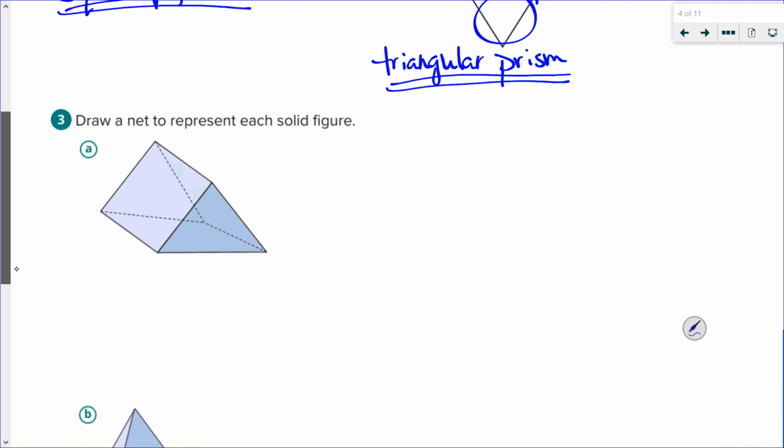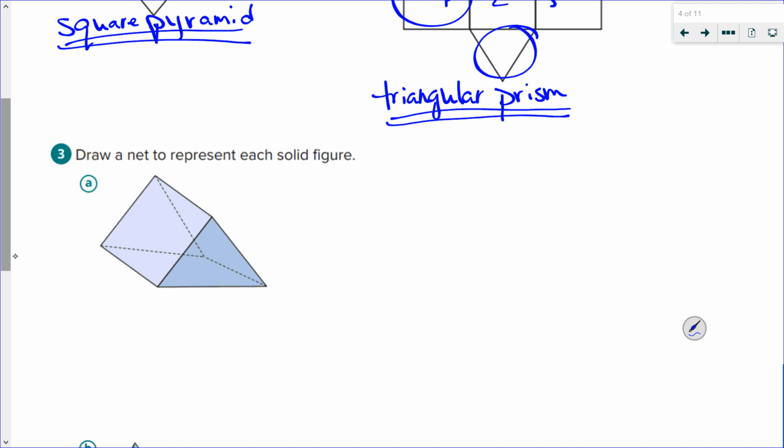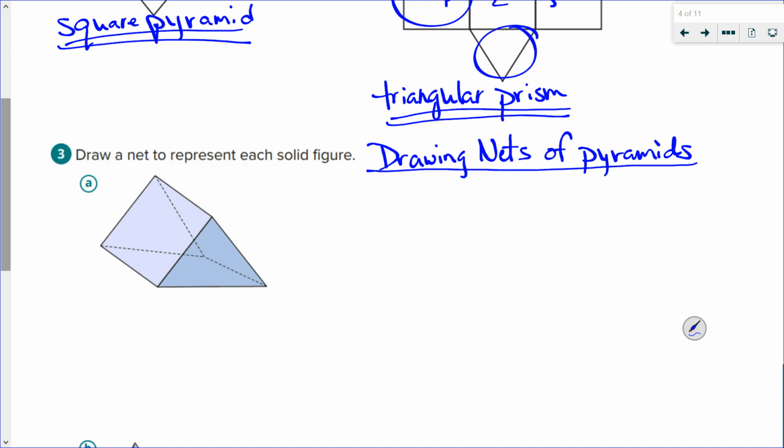Okay. Next up, we're going to draw some nets. So I'm going to give you guys some steps to try to help you. And it's going to be based on what type of shape it is. So, to draw a net of pyramids, this is why it's going to help you to be able to identify the shape before you draw the net.